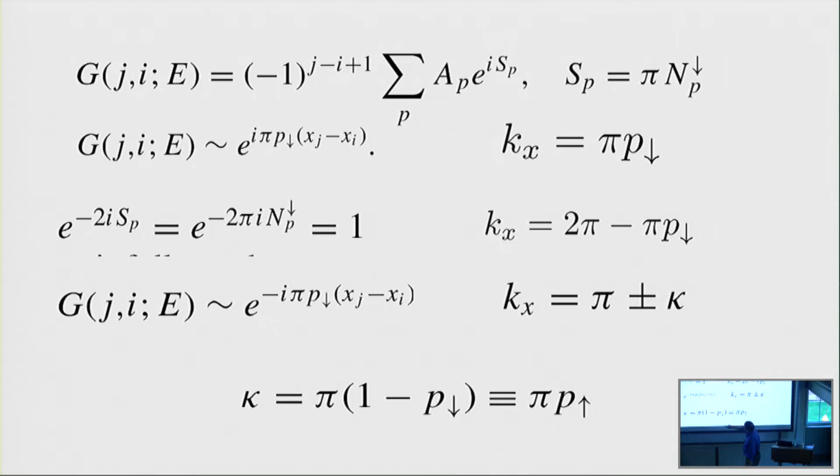Now, however, because this number is even, always 1, that means that e to the i of S is the same as e to the minus i of S. So therefore, if you have this wave, you also have this wave. And then, in this case, you identify the momentum to be equal to this. Here, the momentum you can identify to be 2 pi minus this quantity. So the whole thing is symmetric around pi.